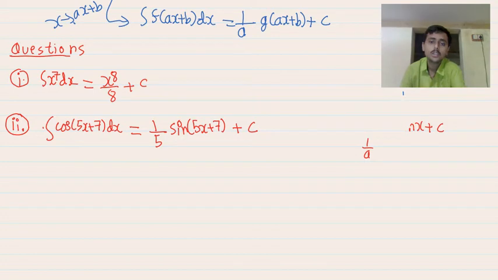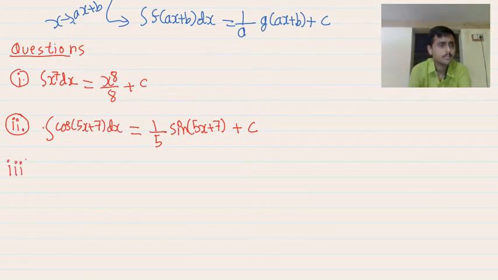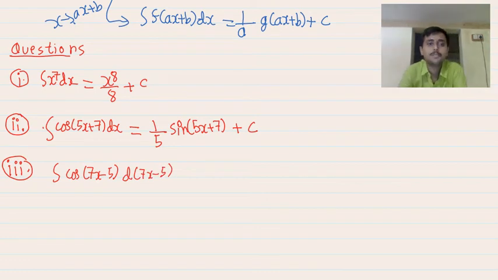So we solved two questions by this point. Let's proceed with the next one. The next question is integration of cos(7x minus 5) with respect to (7x minus 5). Now this is a little tricky.